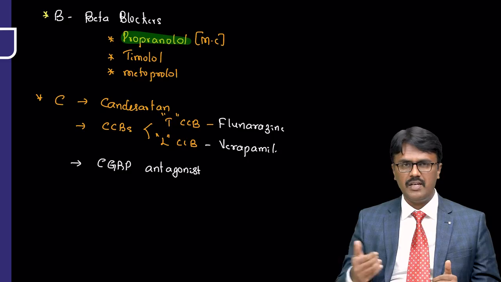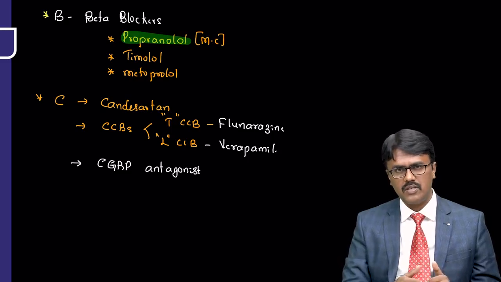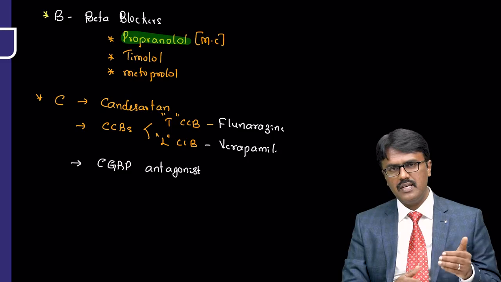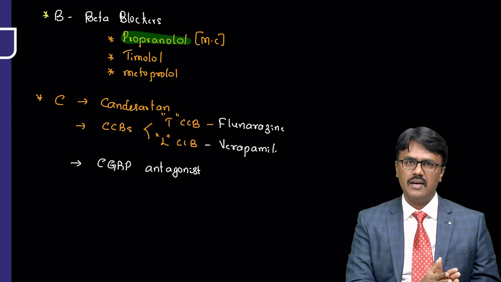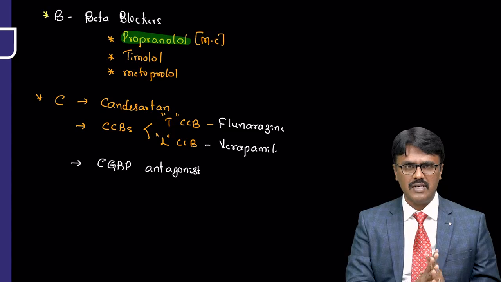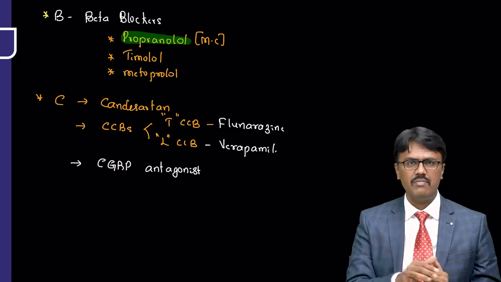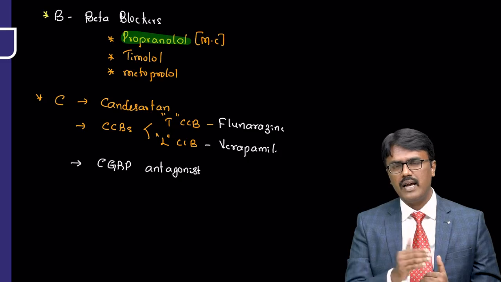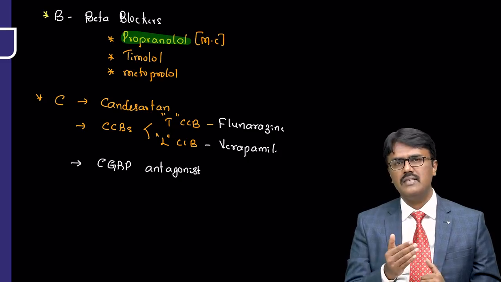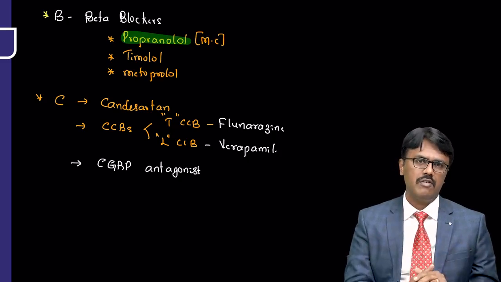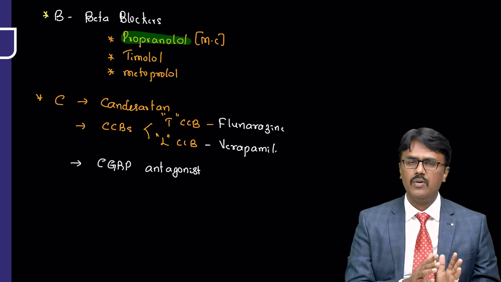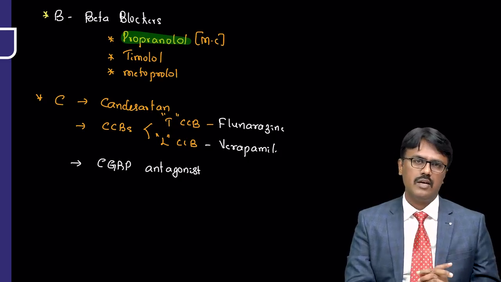Prophylaxis, 2ABC, T for TCAs, onabotulinum toxin, A for antiepileptics, GST, gabapentin, sodium valproate, topiramate. Then beta blockers, propranolol is the most commonly used. They decrease anxiety, they cause sedation, they decrease the triggering of migraine. Then C for candesartan, ARB, then CCBs, which cause vasodilation and prevent the triggering of migraine, and they are not used during acute attack of migraine.